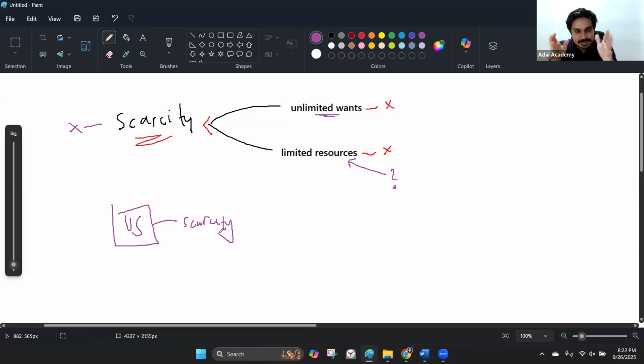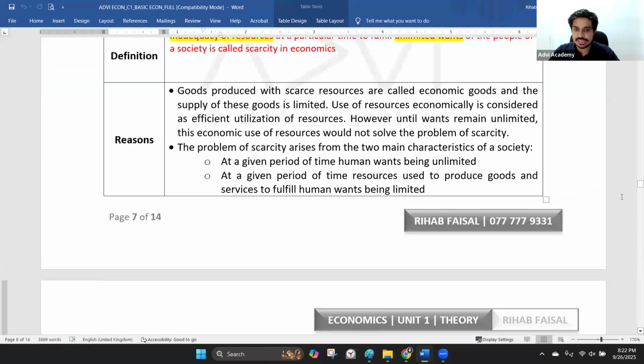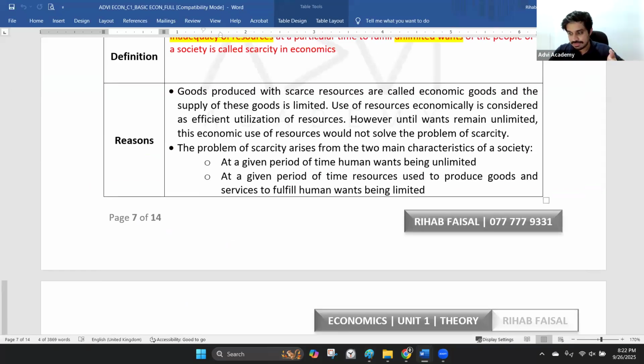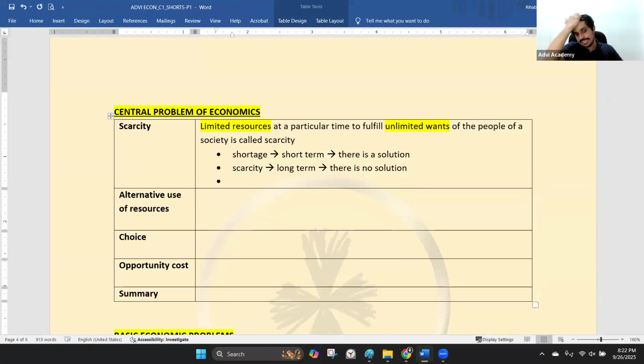But the point is, whether it's a developed society or an undeveloped society, a rich country or a poor country, it doesn't matter. Scarcity is common to every society. It does not have a solution and it is common to every society. When we look at past papers, you will see MCQs saying, in developed countries isn't there scarcity?